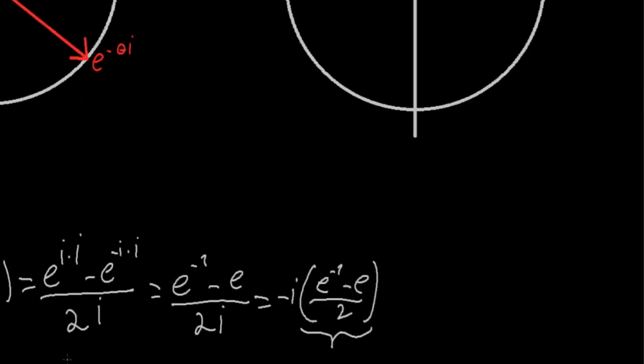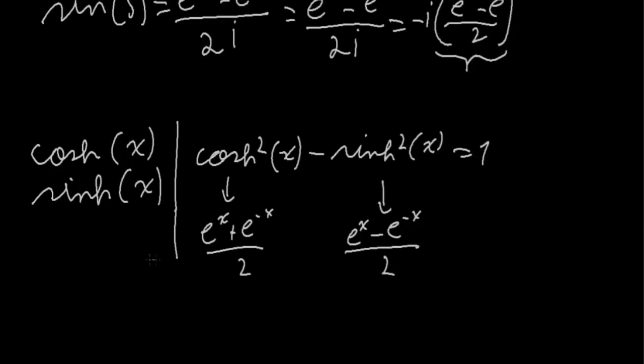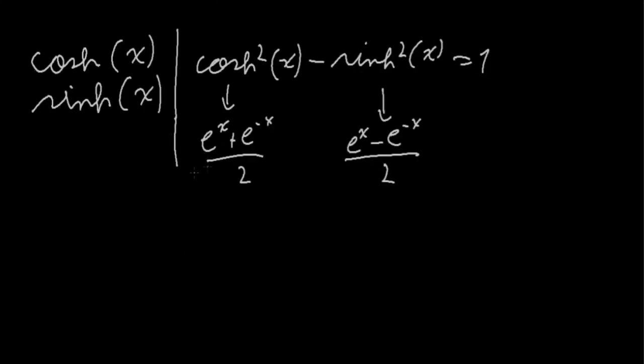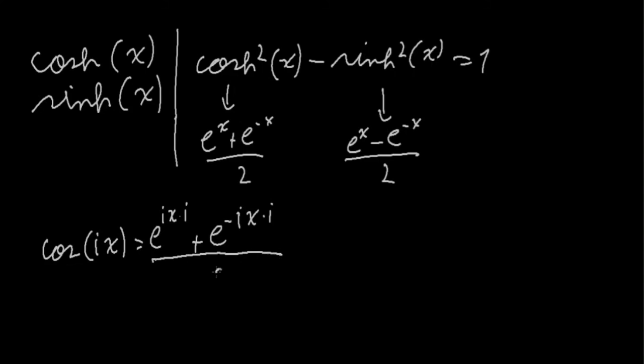And you can arrive at these hyperbolic formulas by inputting different stuff into the cosine and sine functions. Let's start with cosine since it's simpler. If you have cosine of ix, this is e to the ix times i plus e to the negative ix times i, over 2. And e to the ix times i is just e to the negative x.